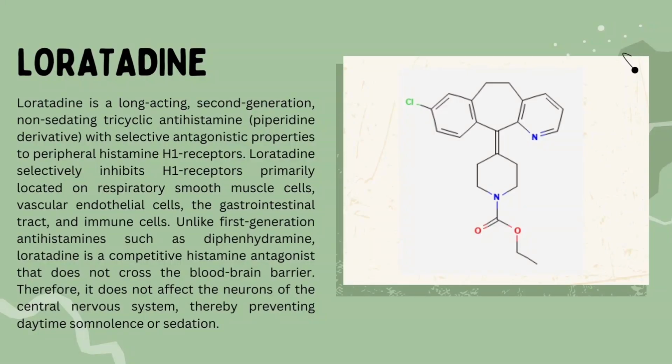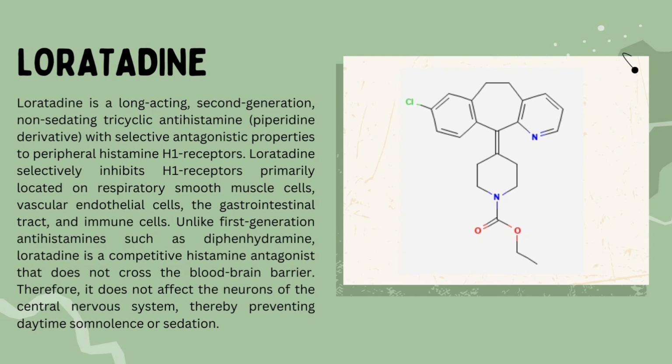What is loratadine? Loratadine is a long-acting second-generation, non-sedating, tricyclic antihistamine with selective antagonistic properties to peripheral histamine H1 receptors. Loratadine selectively inhibits H1 receptors primarily located on respiratory smooth muscle cells, vascular endothelial cells, the gastrointestinal tract, and immune cells.